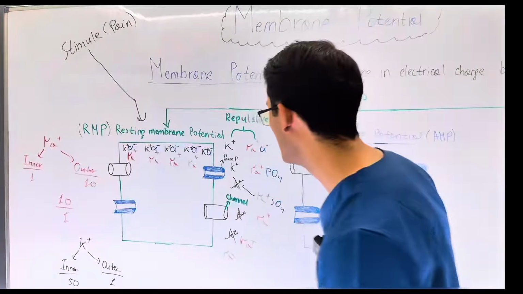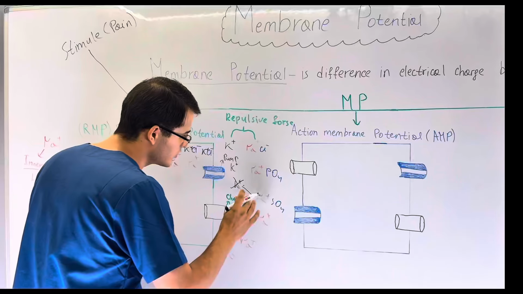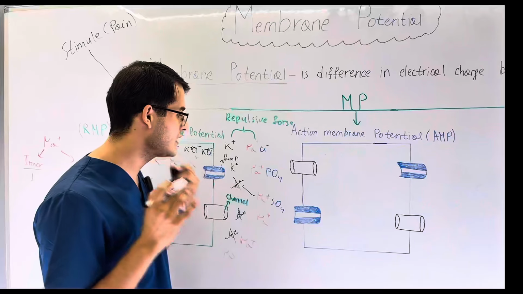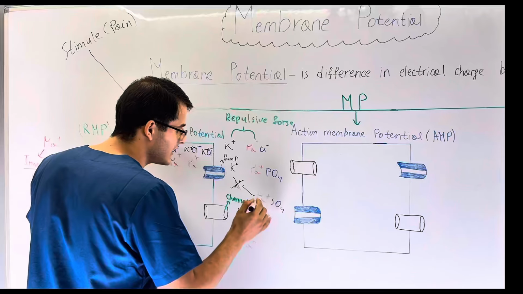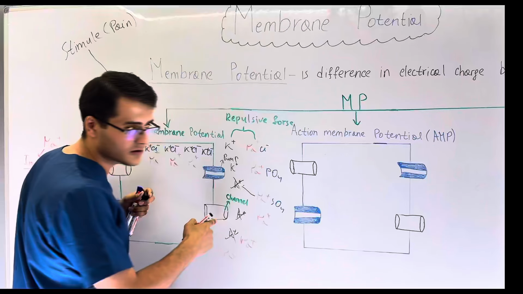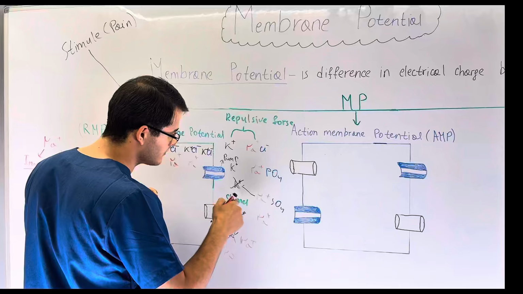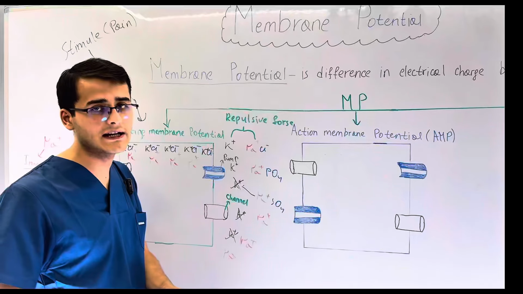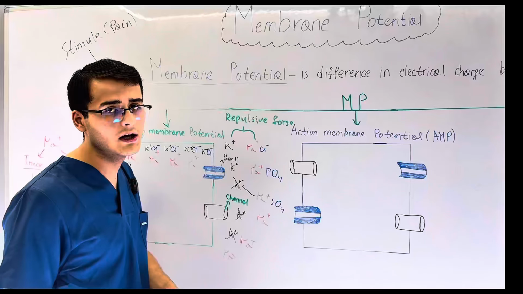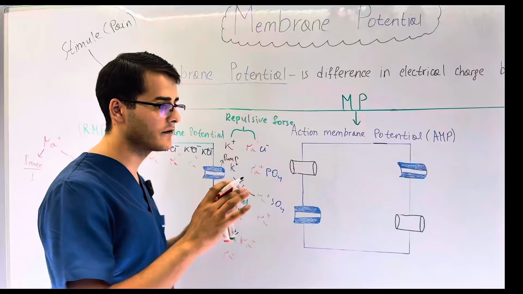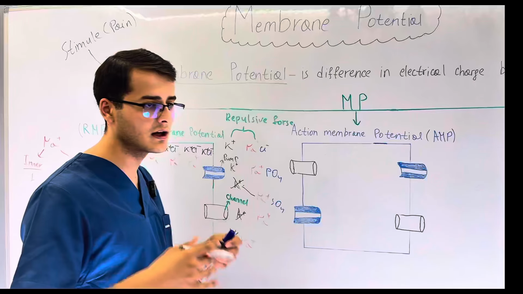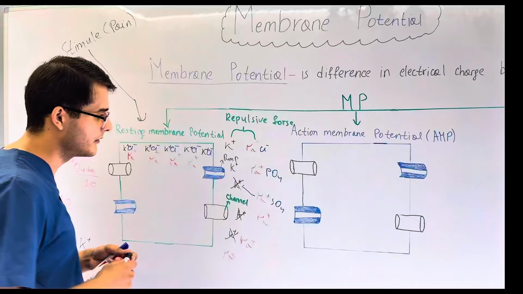So the sodium, with a repulsive force, will try to enter the cell through the channels. For example, we have the sodium channel, we have the potassium channel, we have the potassium and sodium pump. Each of them has its own channel, and they have their own pump.